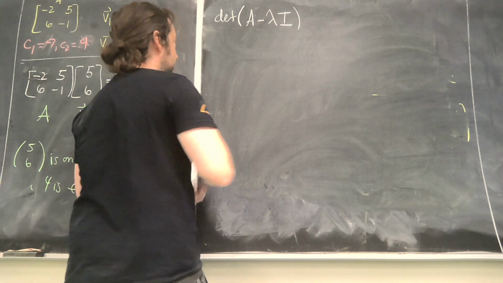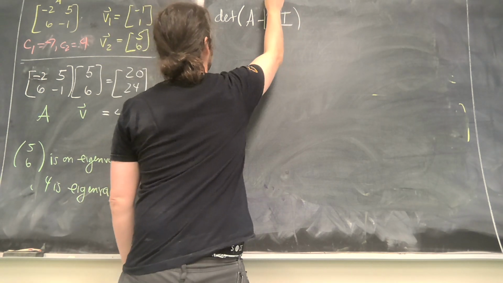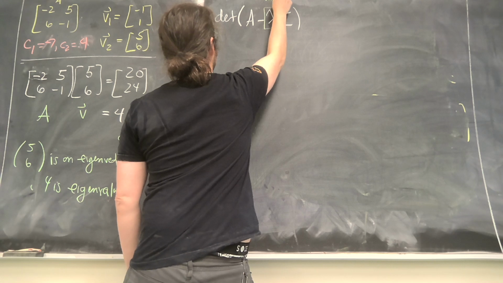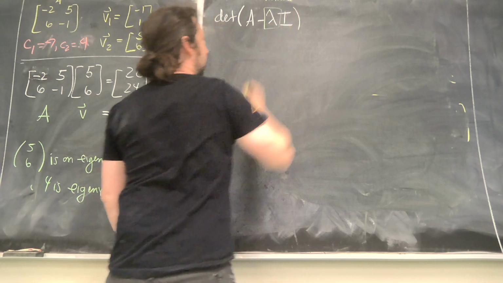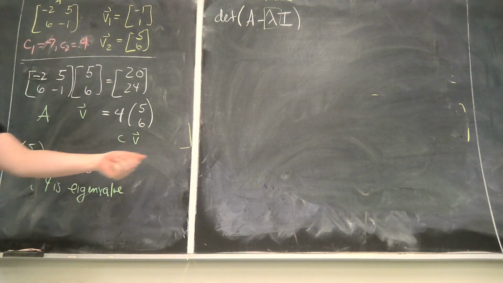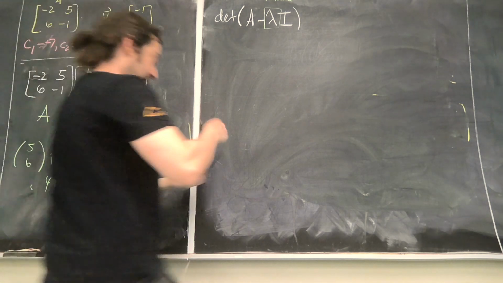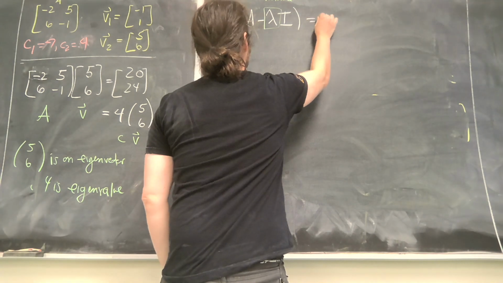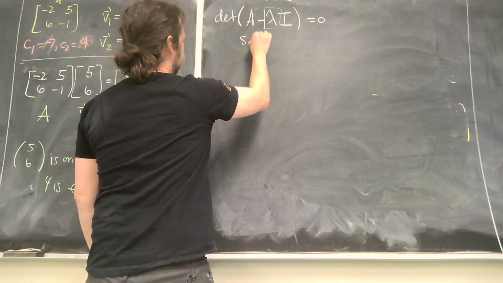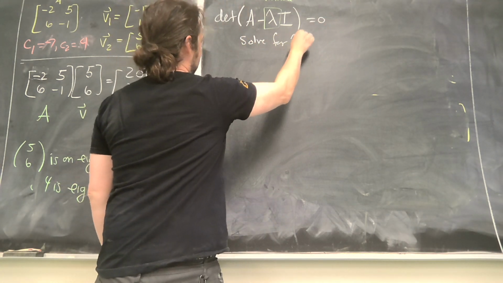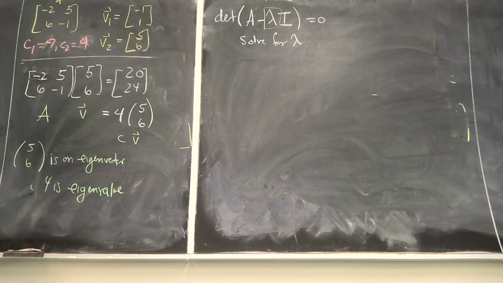Lambda here is the variable. This is traditional. You can think of this as a variable. So I take the matrix A, I subtract off an identity matrix that has a variable multiplied by it, and then I take all of that and I set it equal to 0, and I solve for lambda. And I promise next time I will tell you why this works.